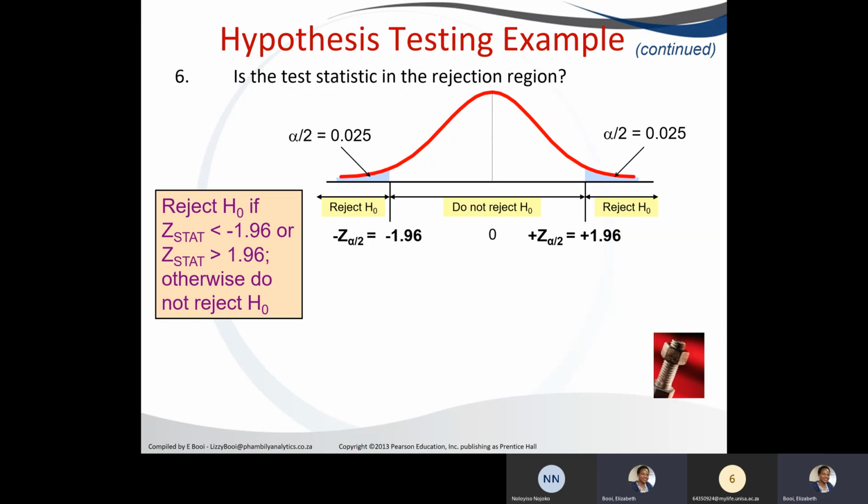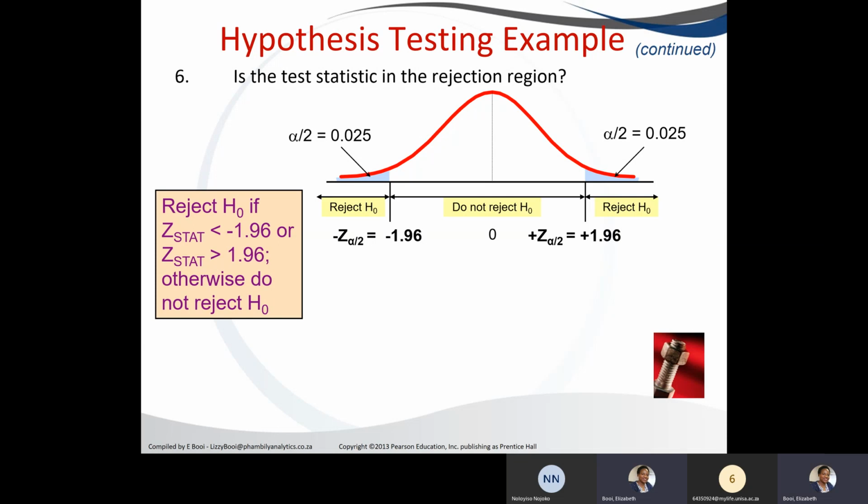If the Z stat is less than the lower critical value or greater than the upper critical value, we reject the null hypothesis. Otherwise, if it falls in between the two values, we do not reject the null hypothesis.